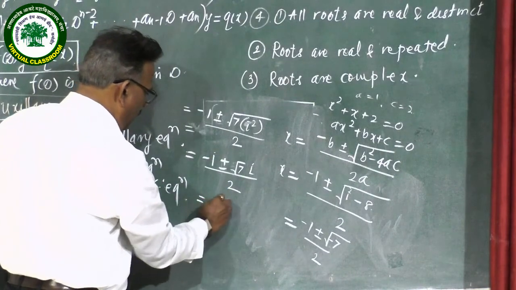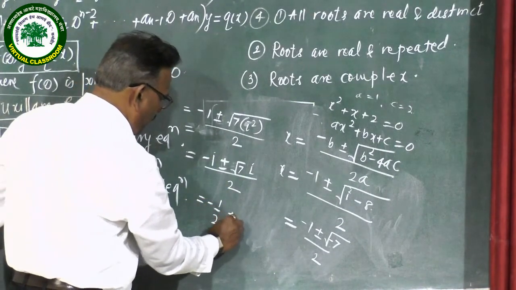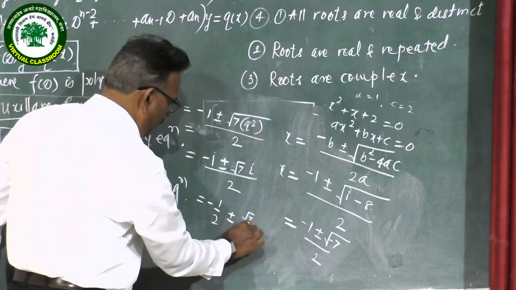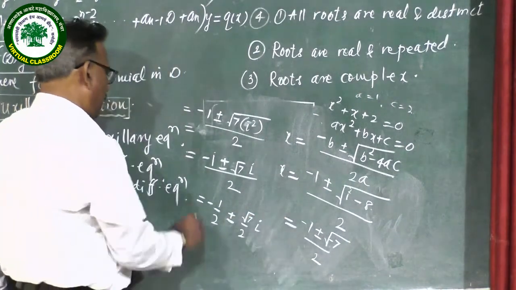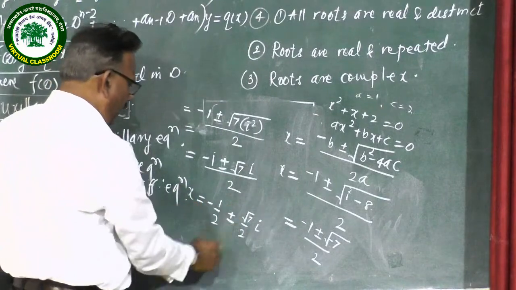This is equal to minus 1 by 2 plus minus root 7 by 2 i. These are the values of x. There are two values.